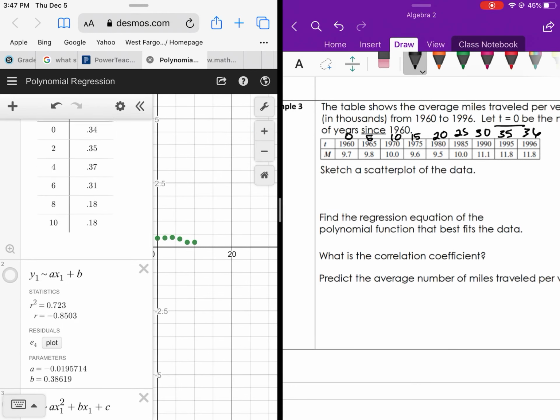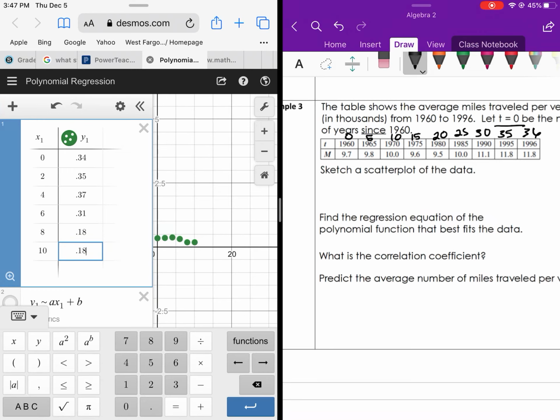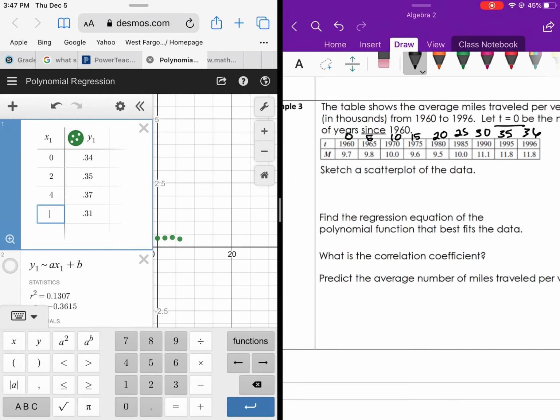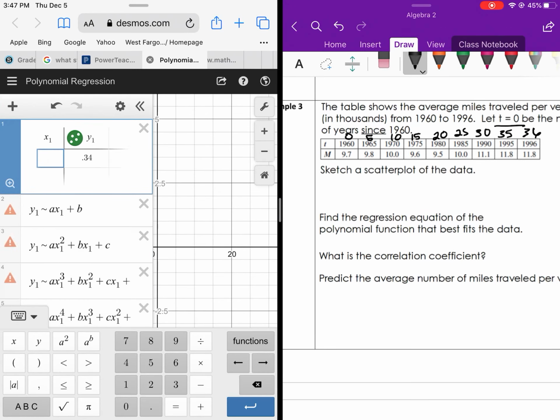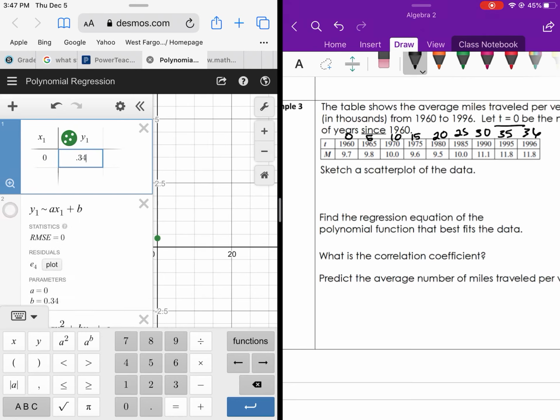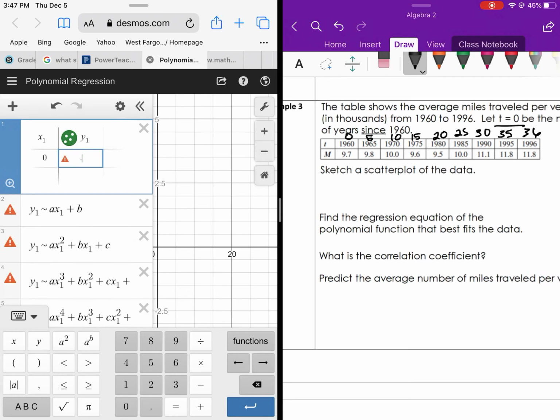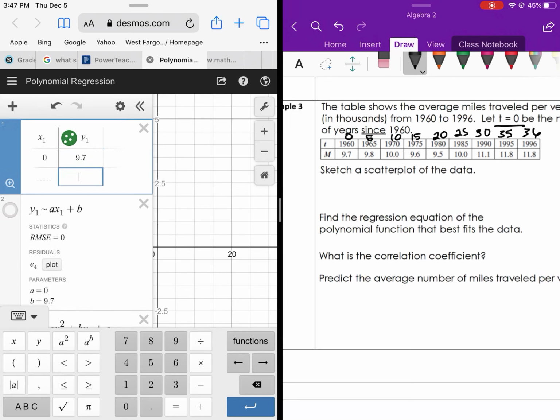So I'm going to shut that back off and go back to my table, click on my last one, and then delete all the way back to my first spot. I'd start with 0, then in the Y, plugging in 9.7.